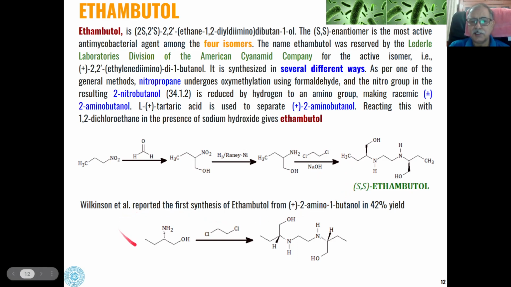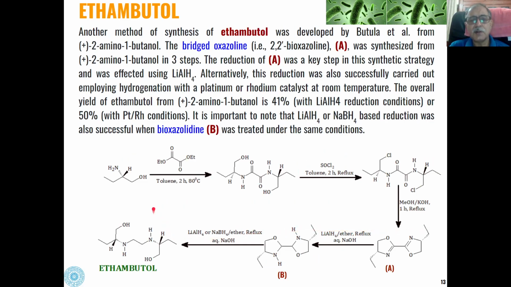Whereas another method is that this can be synthesized from R-2-amino-1-butanol on reaction with 1,2-dichloroethane in 42% yield. Then another method was developed by Butola, again from +2-amino-1-butanol.